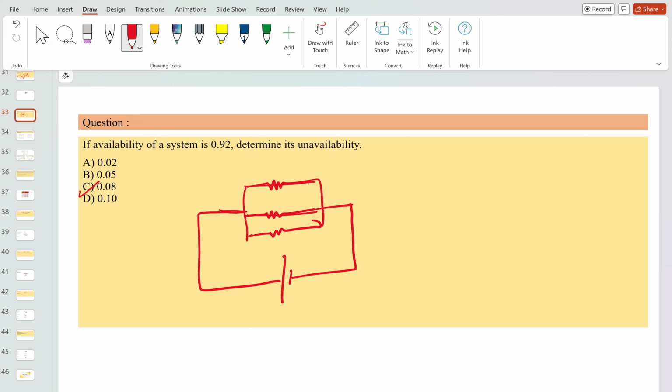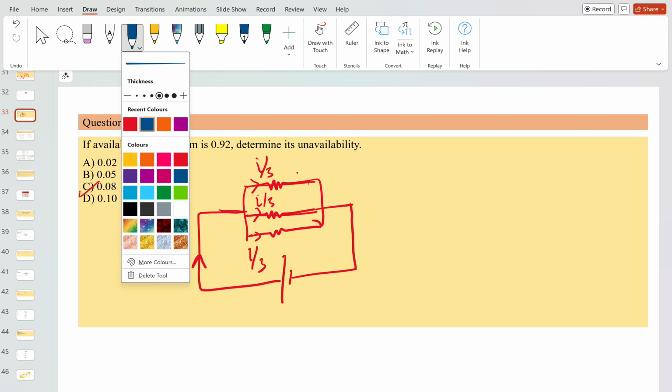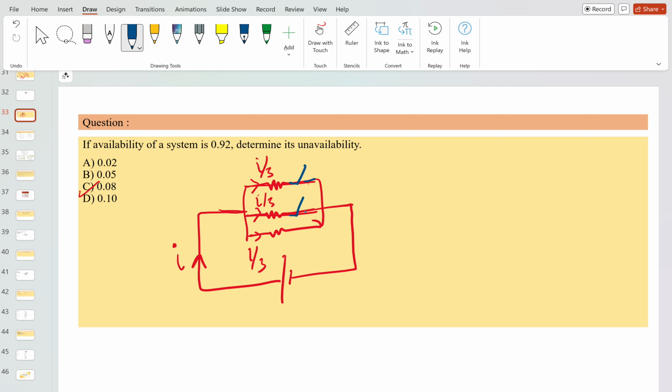If the current flowing from here is I, and suppose equal resistances are there, then I by 3, I by 3 and I by 3 will flow, and some switches are connected. Suppose I connect one switch here, one here, one here. So this is switch 1, switch 2, switch 3.